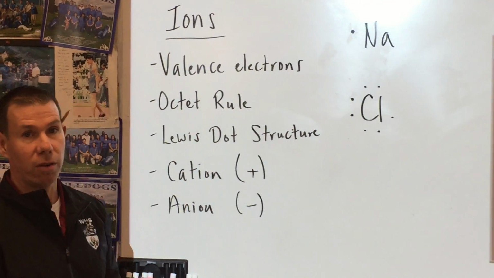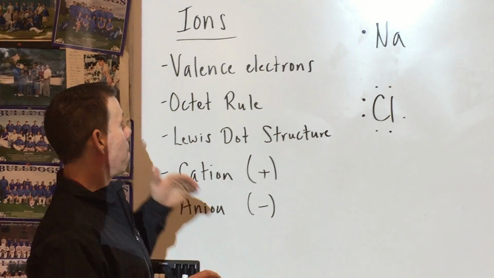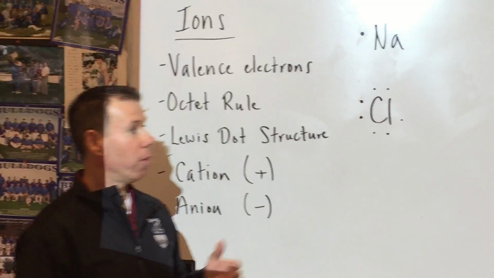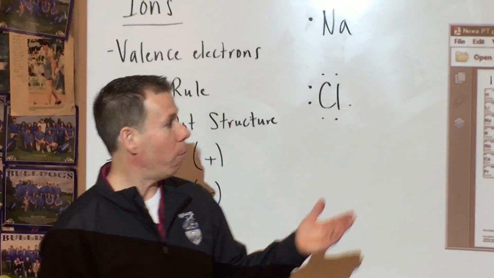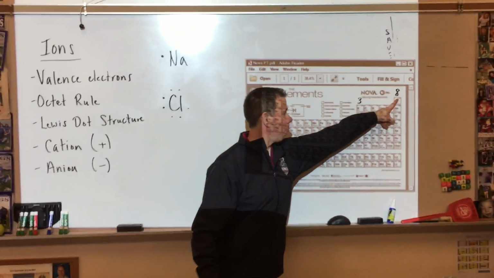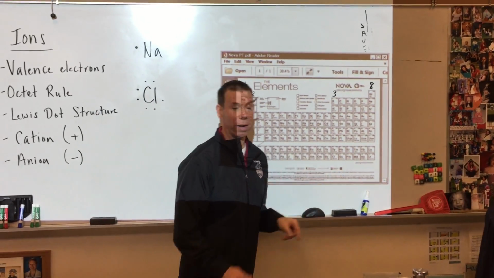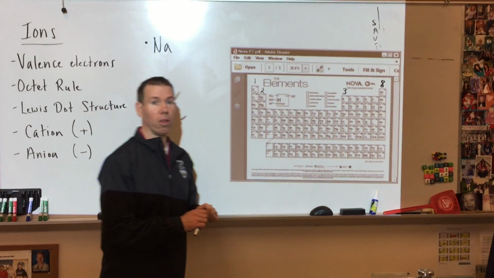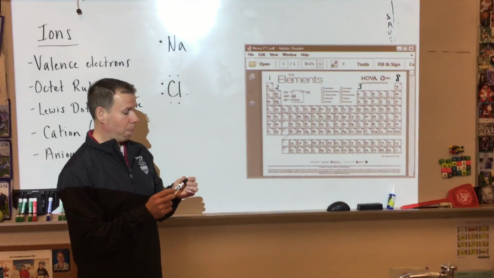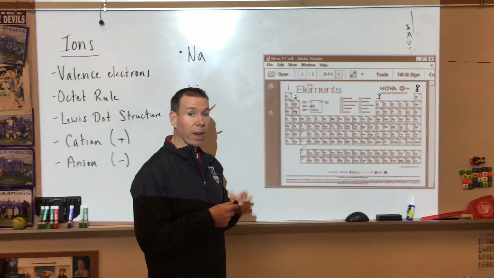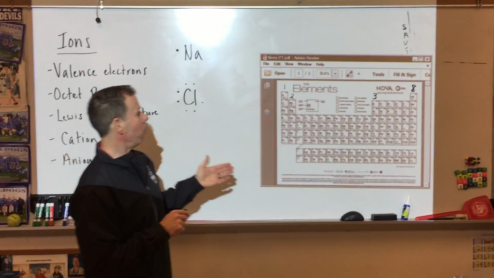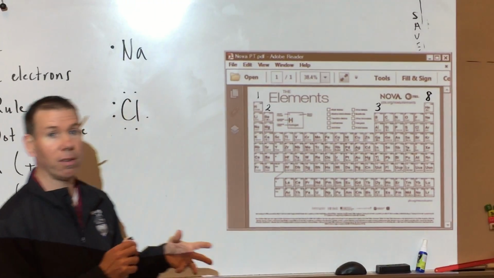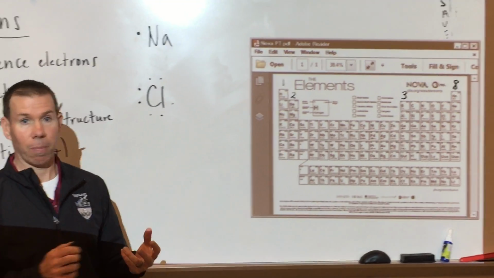Atoms gain or lose electrons so that they look like noble gases. They're trying to gain stability, and what we know about noble gases, which is the last column in the periodic table, is that they're stable. So the rest of these elements are trying to look like the noble gases. The way you predict whether an atom will gain or lose electrons is just simplicity.